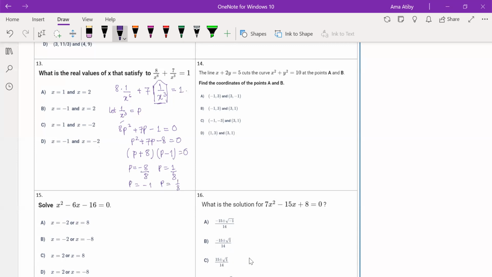So now we return to x. For p equals negative 1, we get 1 over x cubed equals negative 1, and therefore x is the third root of negative 1.